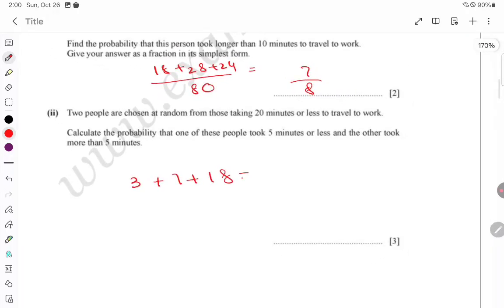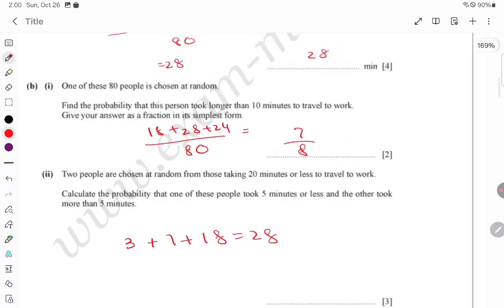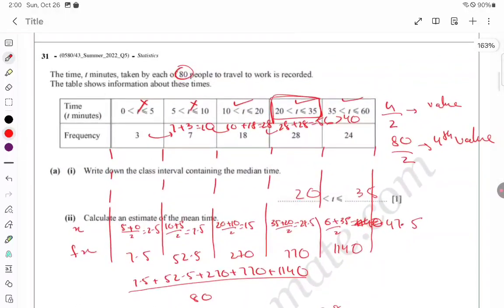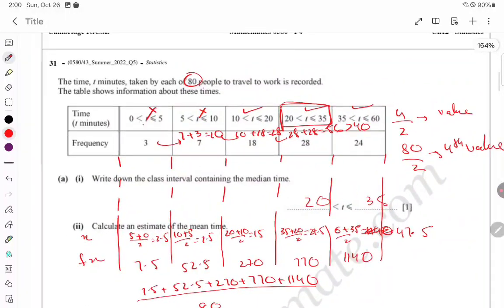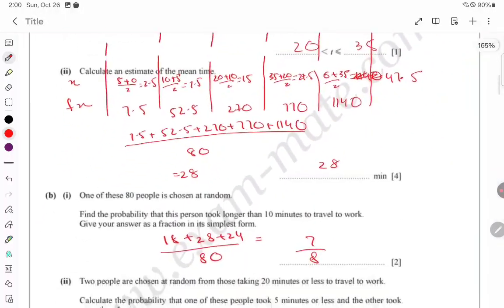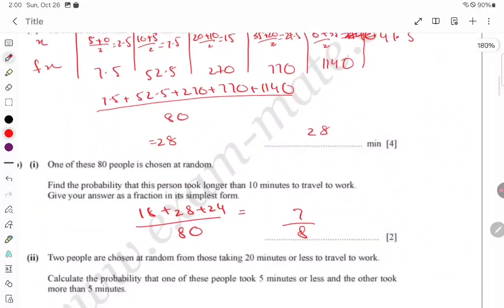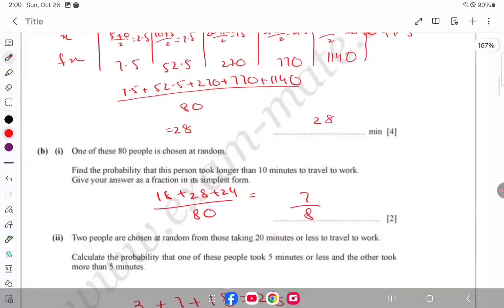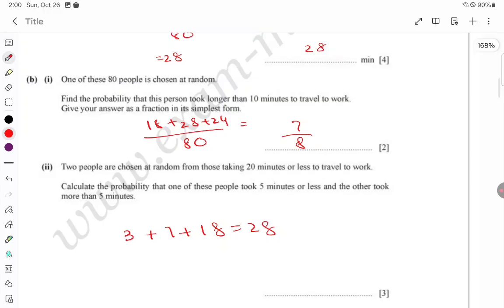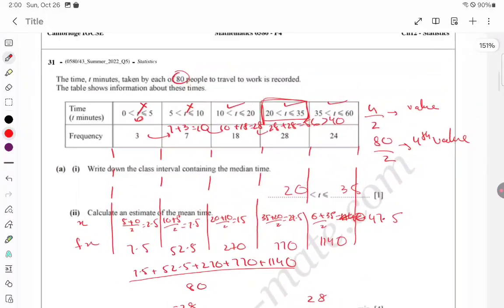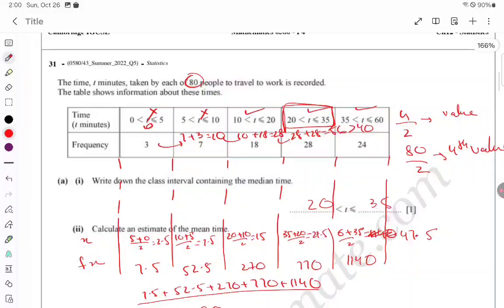It will give you 28. So we have to consider the less than 21.